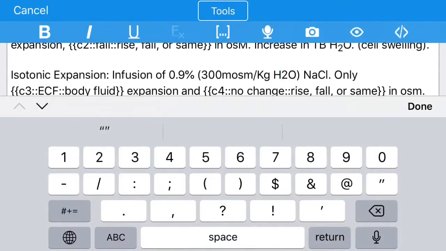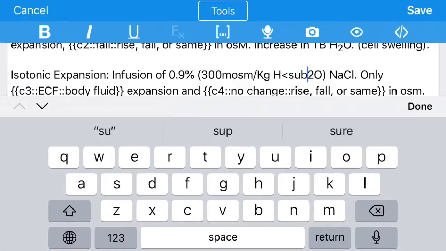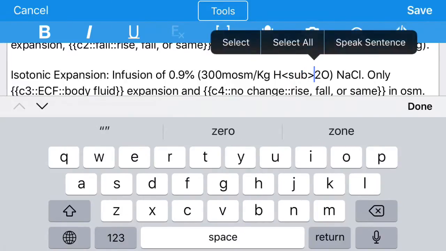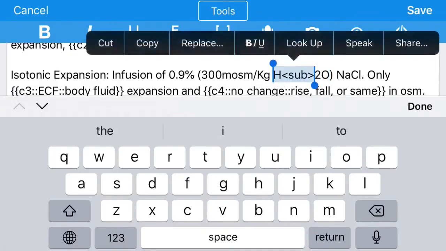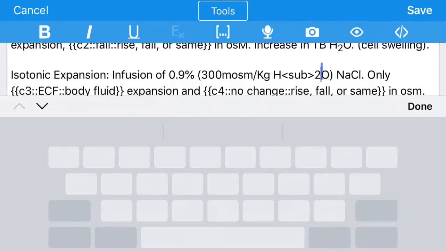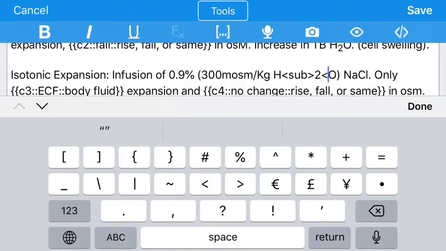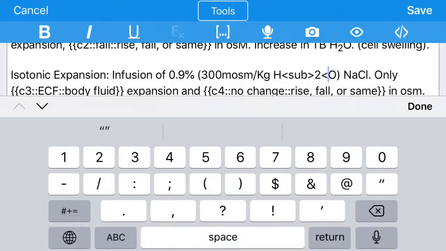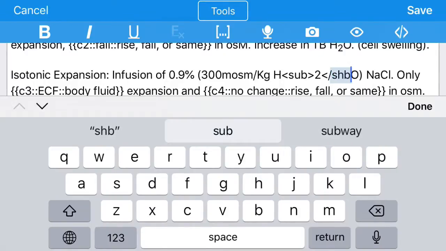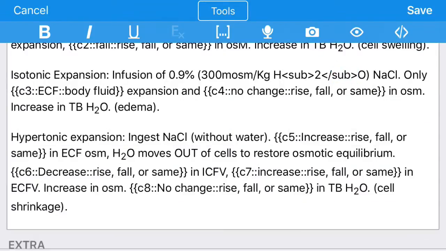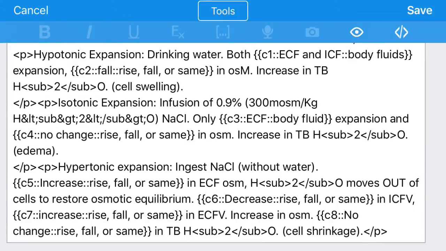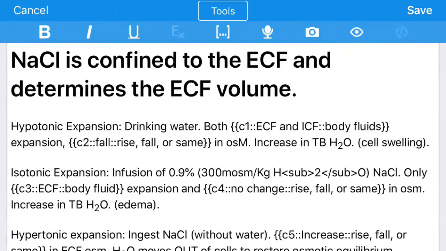Let's see, sub. I do have to create more cards. Done. Check it. Oops.